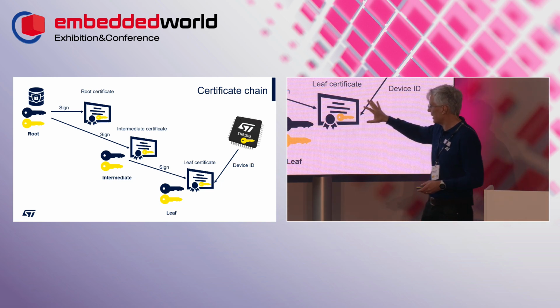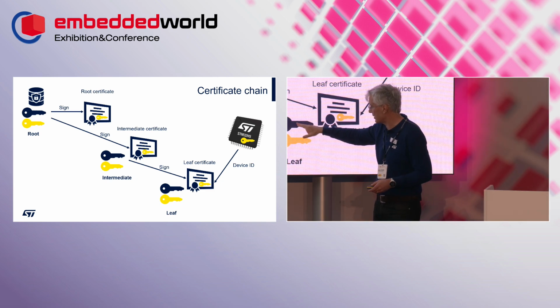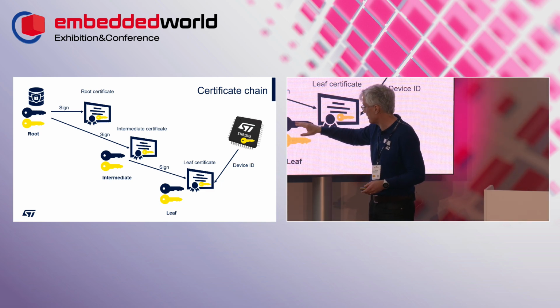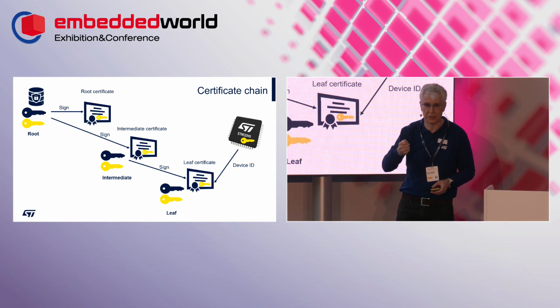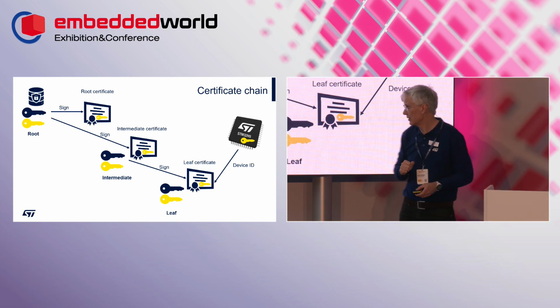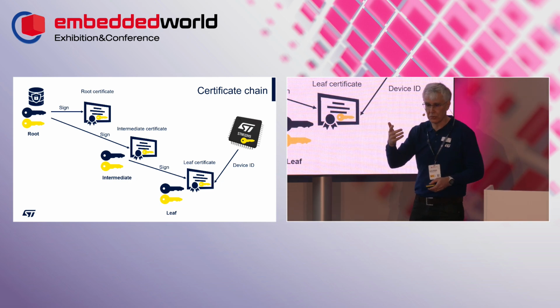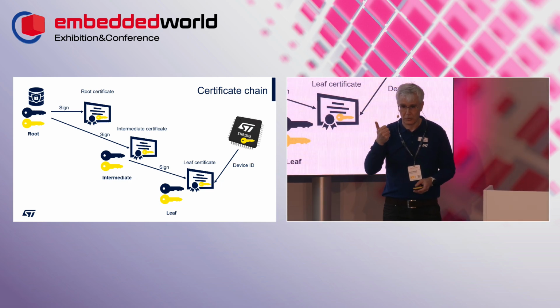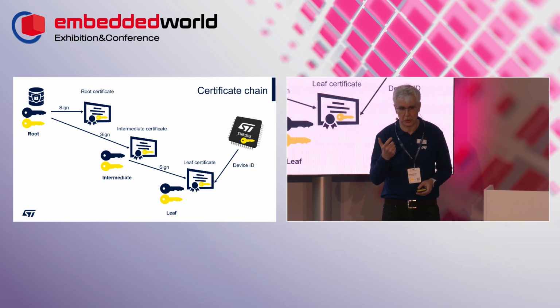And this certificate, together with the private key that you have created, is the key to enter inside your device. So you can see that with this certificate, we know that we can open a certain device with certain debug authentication capabilities.